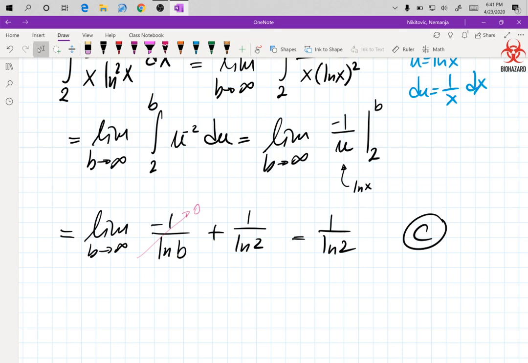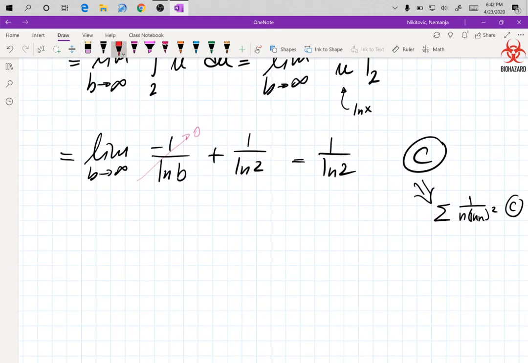So our integral converged, which means that our series of 1 over n ln squared n converges. And now that means again we have absolute convergence.